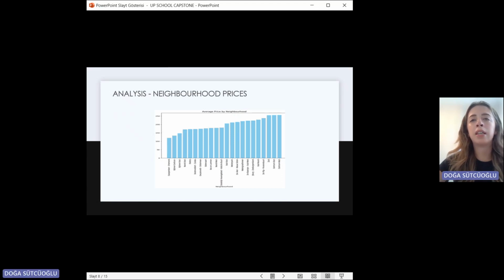And it is seen clearly that overall popular neighborhoods are very expensive. So in the last 12 months, consumers tend to prefer cheaper options. Maybe the reason behind this was popular neighborhoods increased their prices because of their popularity, but the consumers did not respond well to these changes.